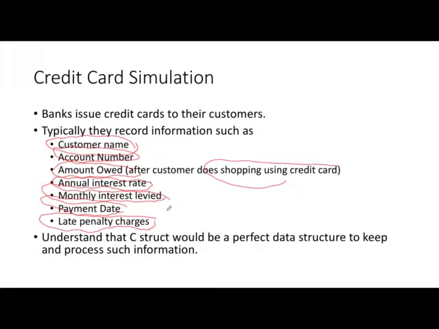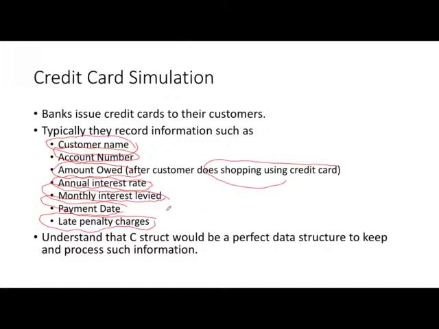And there'll be a whole bunch of other things, like credit limit could be different for each customer, although it will be a constant for a while until it's increased or decreased.